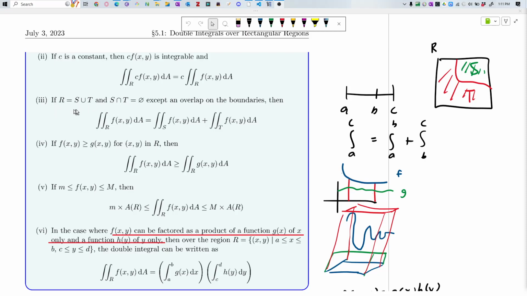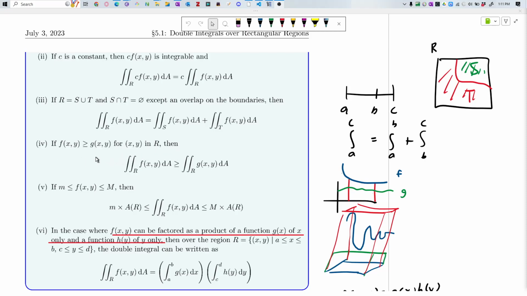And that they together form the entire region you're considering. So you can see that this is the analog of this one-dimensional property, that you can subdivide a 2-dimensional region into these 2 regions, and the integral over the subdivisions, when you add them together, will be the integral over the total region. That's what this is saying.